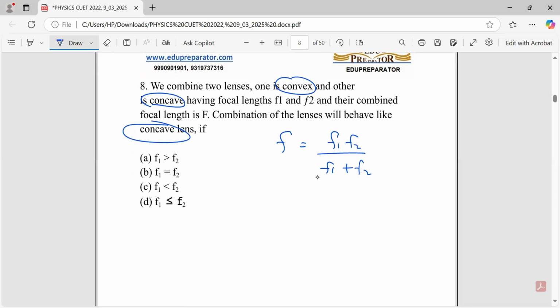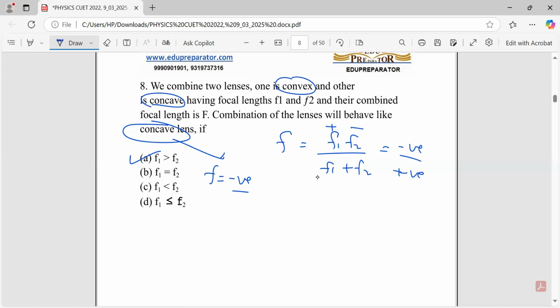So concave means the focal length should be negative, and the numerator is, now this is convex positive, this is concave negative, right? So this numerator will be negative here and the denominator should be positive, so as to have a net answer negative.